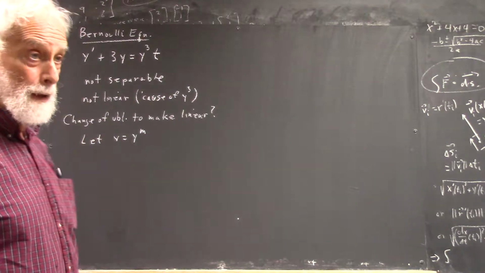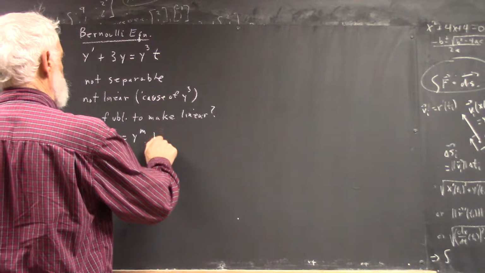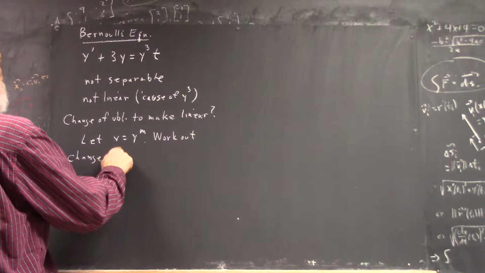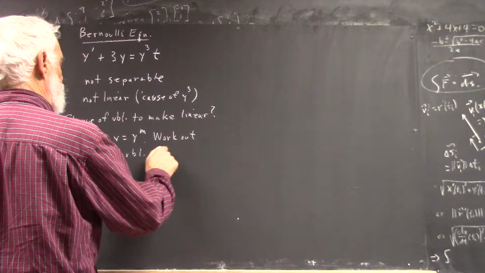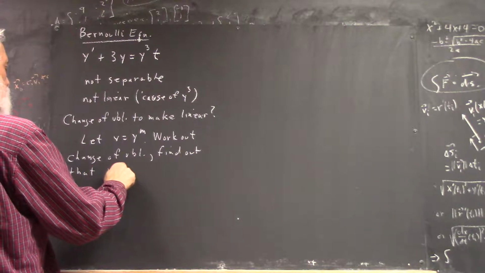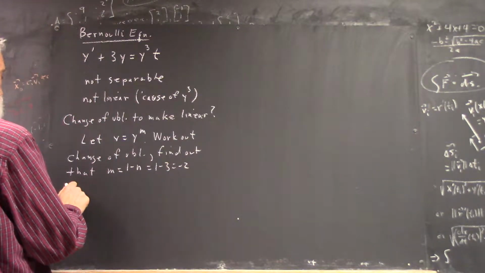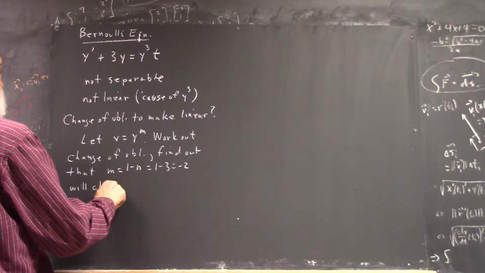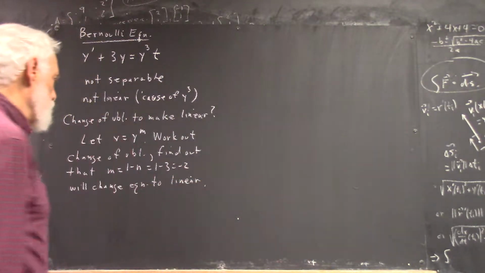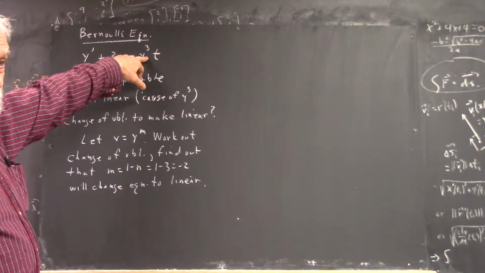Let v equal y to the m. You're going to find out that m equals 1 minus n, where n is the power of y that makes it not linear.